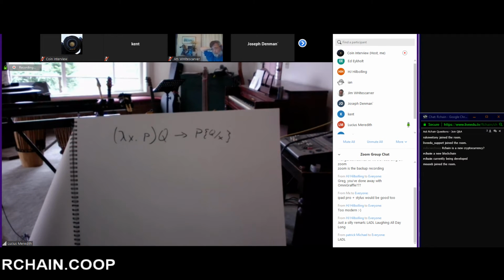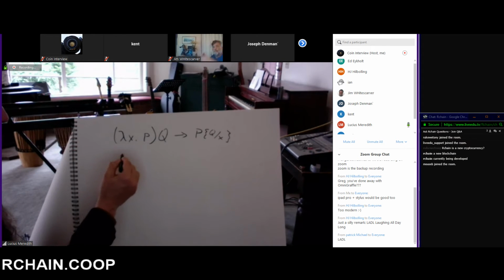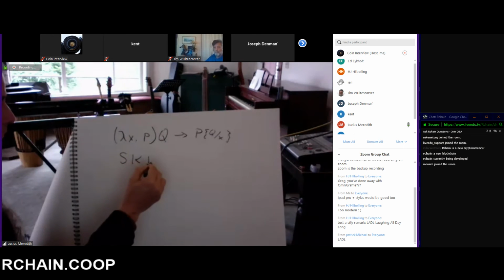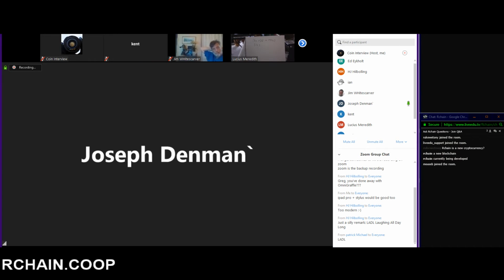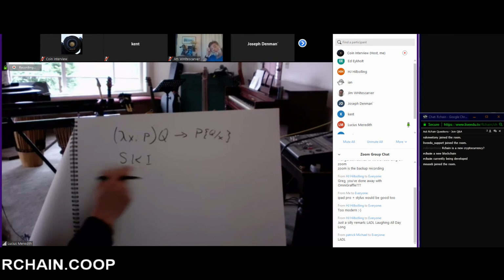Now it turns out that there's an algebra called SKI, where you don't have any variables. You just have these terms, and this was developed by Moses Schönfinkel.